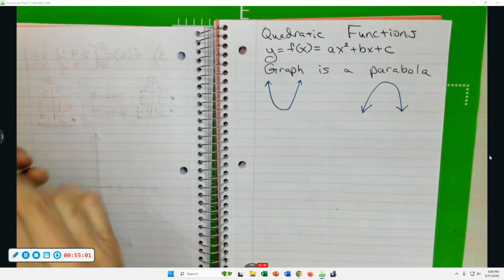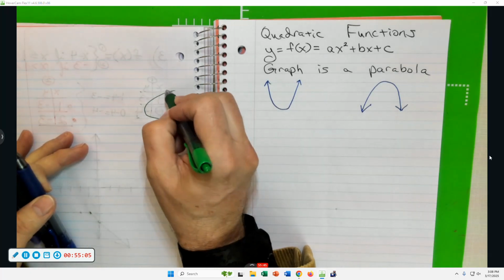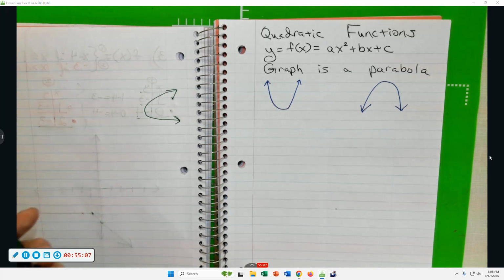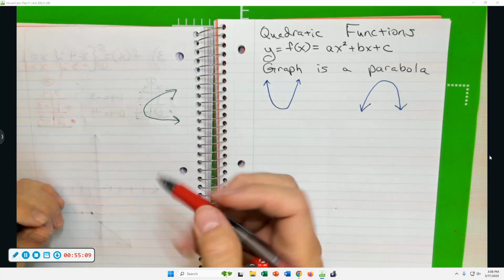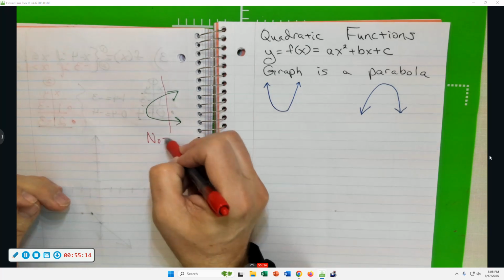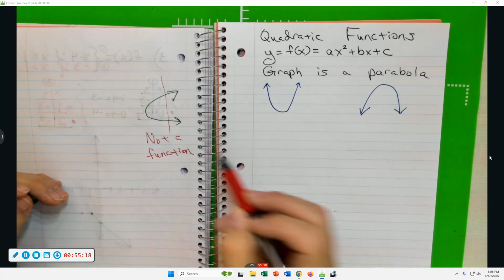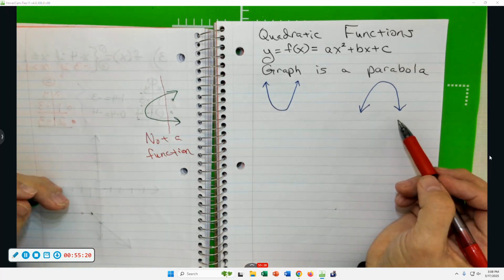Well, I guess you could have U's that open left and right. But hopefully you agree, if you had a parabola laying on its side, it wouldn't pass the vertical line test. That's not a function. So we don't have to graph those things. We only graph the ones that open up or down.